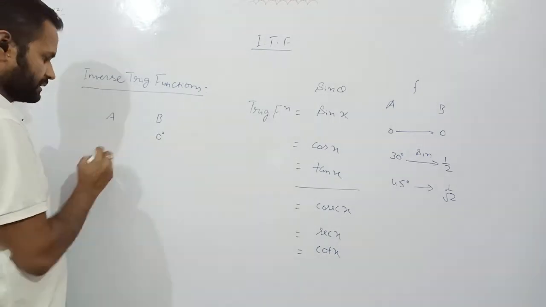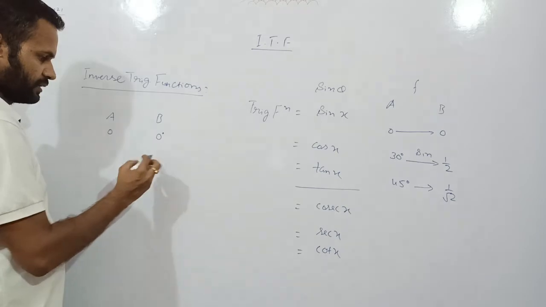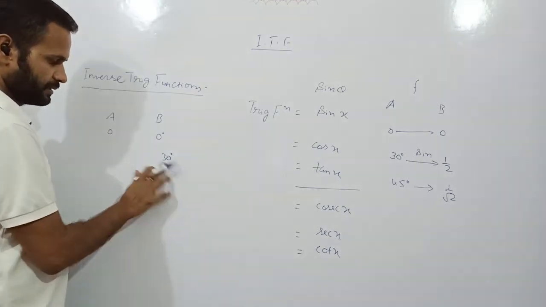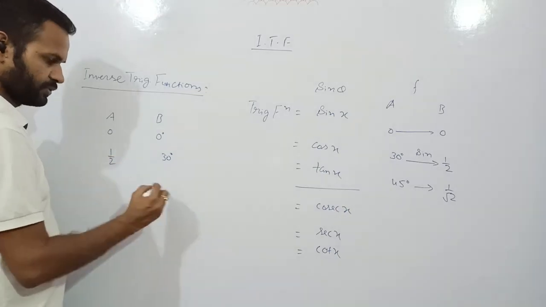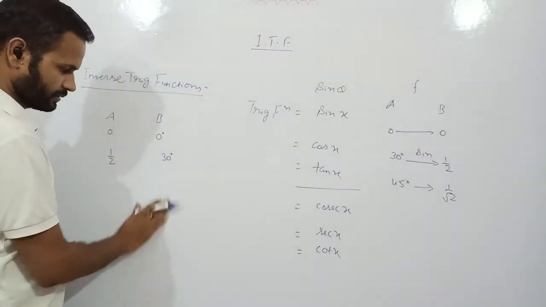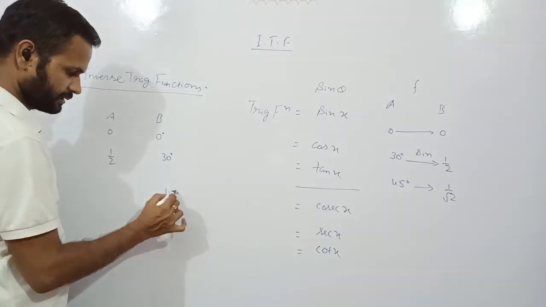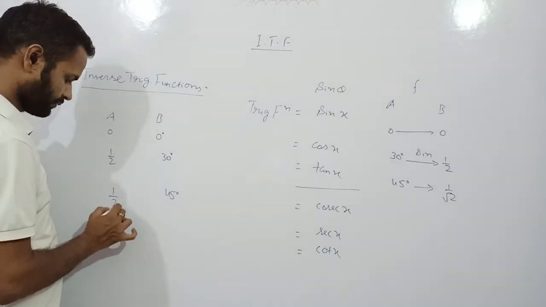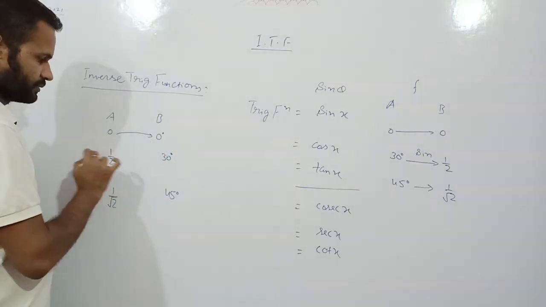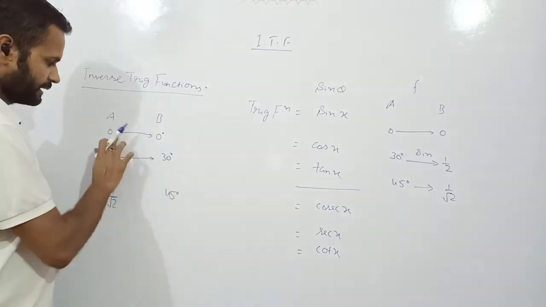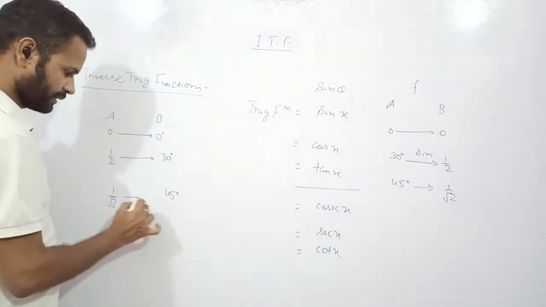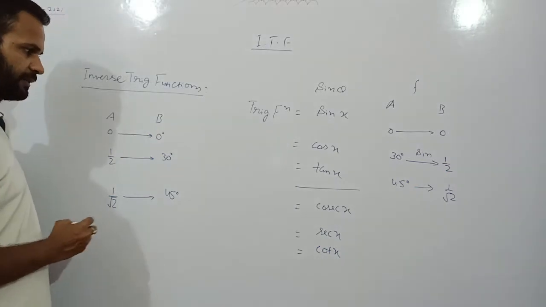So 0 degree, we get here 0. For 30 degree, there was value 1 upon 2, and for 45 degree, there was value 1 upon root 2. So 0 will be related to 0 degree, and 1 upon 2 will be related to 30 degree, 1 upon root 2 will be related to 45 degree.